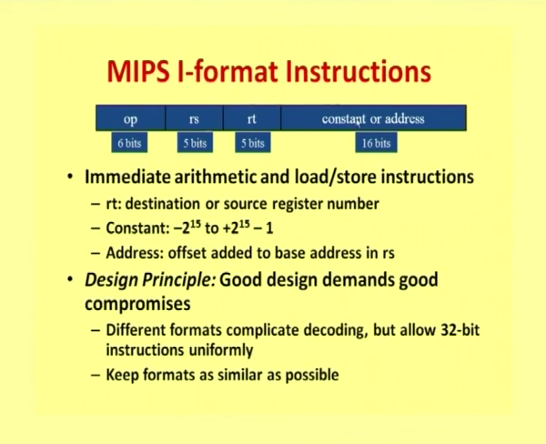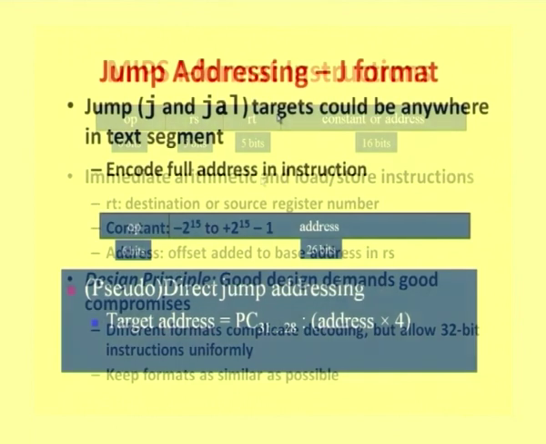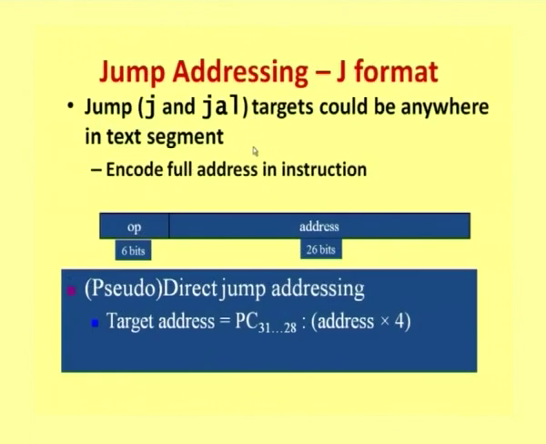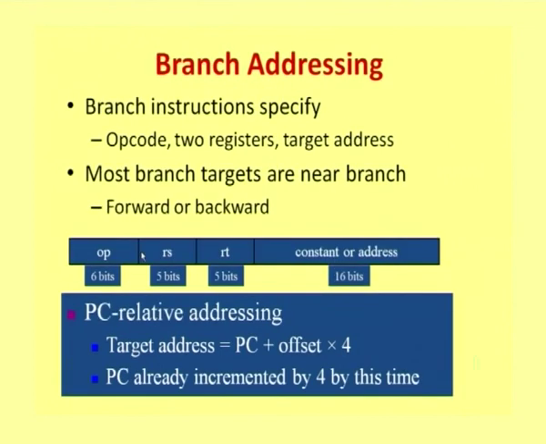So, RS plus this offset will be the effective address calculated in the I format instruction. Conditional instructions are handled by branch instructions, which use a similar I format with PC relative addressing. When we say PC relative addressing, remember the PC plus the offset has to be added. So, the constant here is used to specify the offset, which is added to the PC.